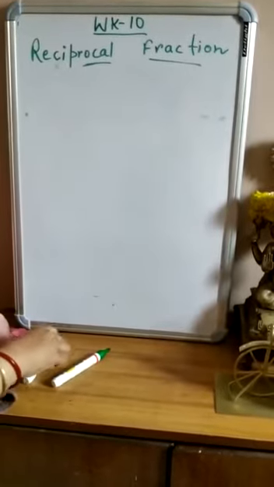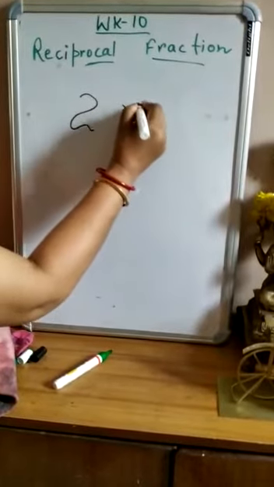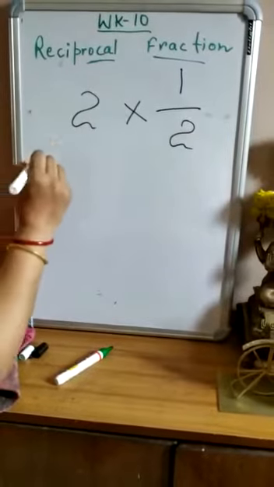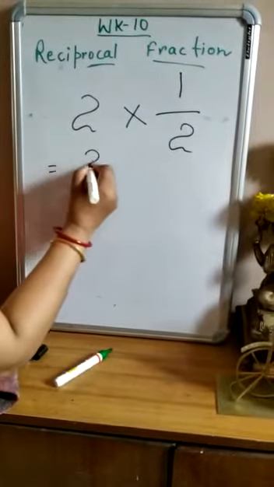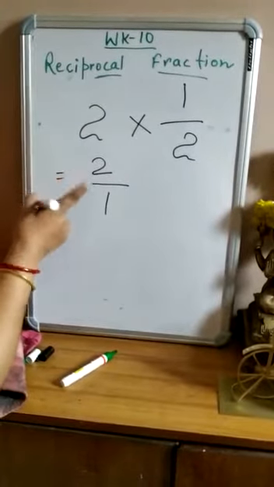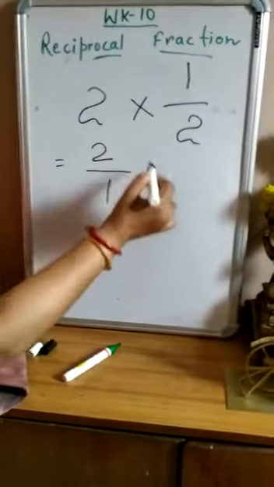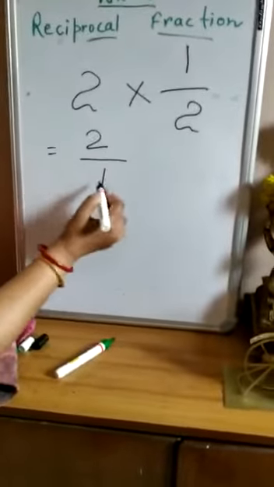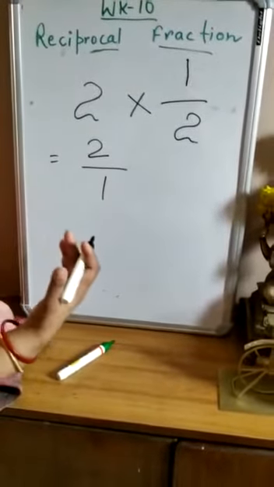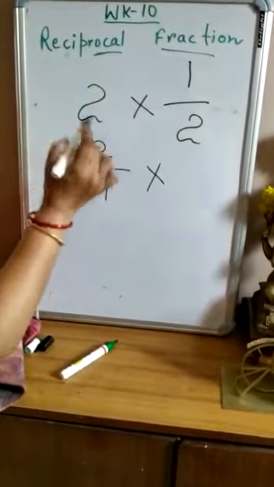Again I am taking another example. Let us multiply 2 multiplied by 1 by 2. Here we can write 2 as 2 by 1, because every whole number can be written as a fraction divided by 1, because every whole number has 1 as its denominator, right?